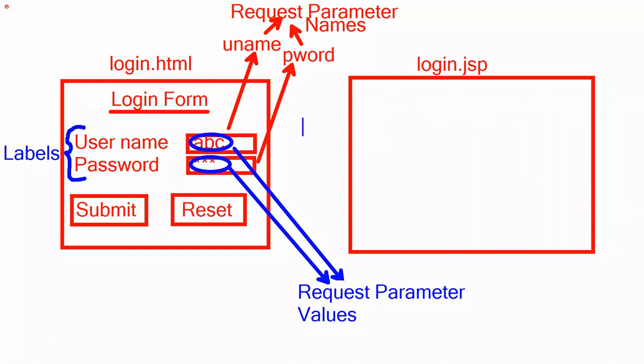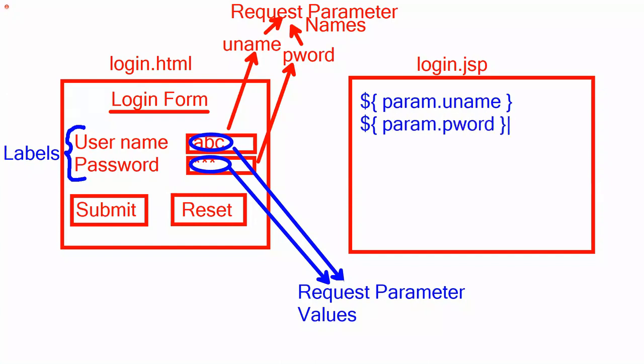You can write like this: dollar symbol, open brace, param dot uname. Dollar symbol, param dot pword. This is the new style. Now, no need to write request dot getParameter: param dot uname, param dot pword. This is a new concept. Now, note the example.